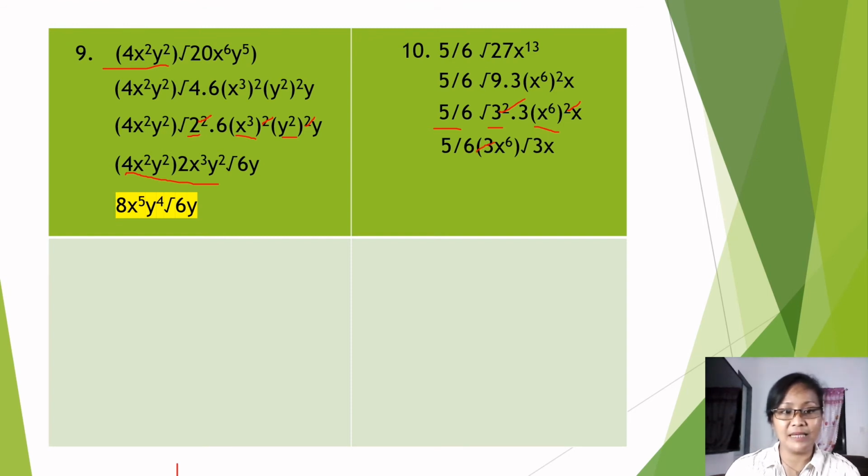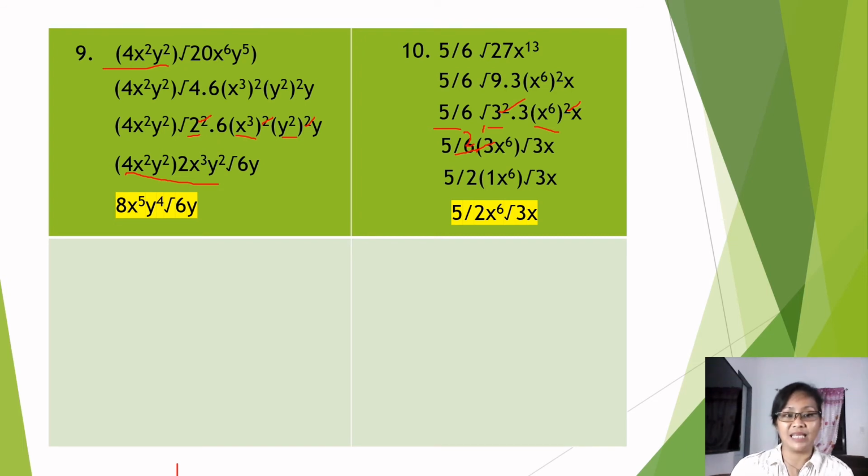So 3 divided by 3 is 1. And 6 divided by 3 is 2. So we have now 5 halves times 1x to the 6th power square root of 3x. And our final answer, we have 5 times 1 is 5 all over 2, x to the 6th power square root of 3x.